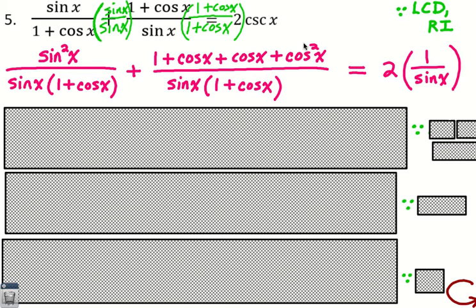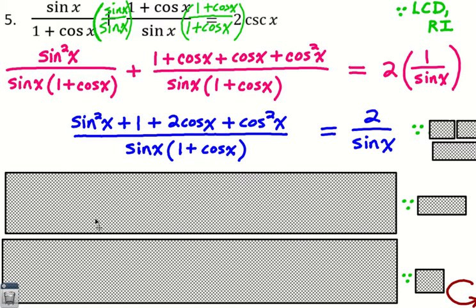So, again, to summarize, I rewrote cosecant using a reciprocal identity to get that. And I multiplied by whatever I needed to in order to make a least common denominator, because obviously the next step is going to be actually adding these fractions together now, because they now have the same denominator.